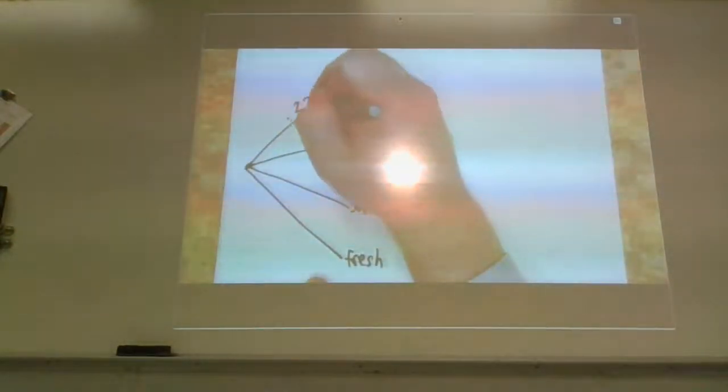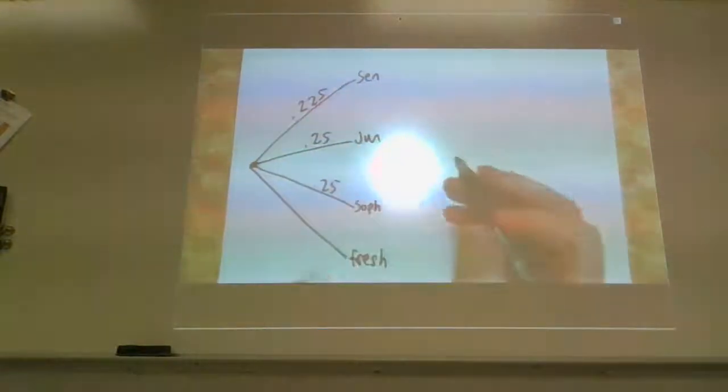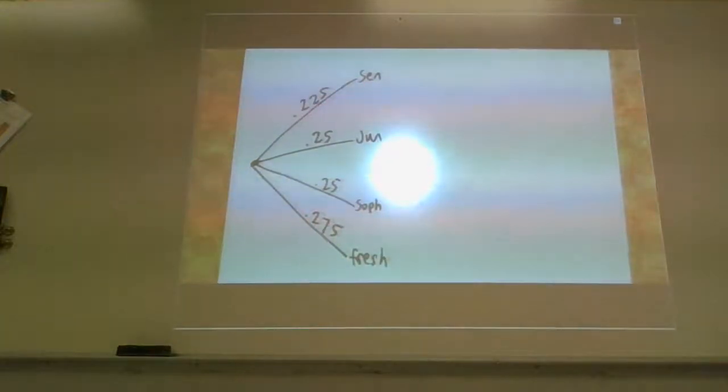According to the problem, they gave you the following information. They told you that the chances of a senior are 22.5%. The chances of a junior are 25. The chances of a sophomore is 25. And the chances of a freshman is 0.275, because that's the rest of them, adding up to 100%.